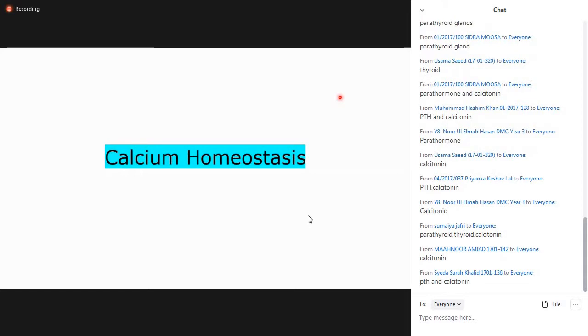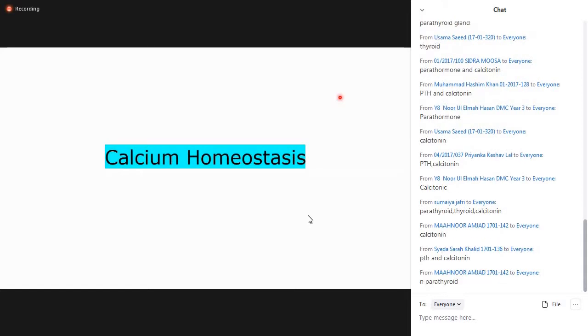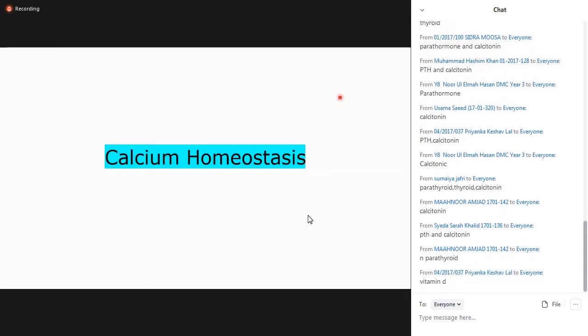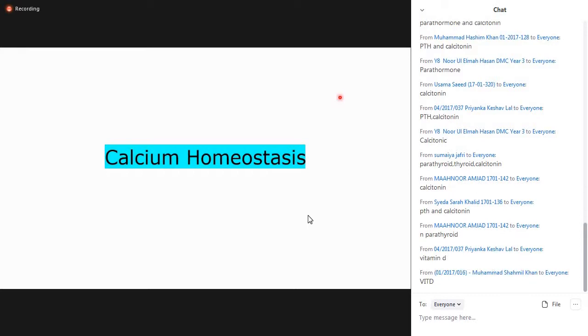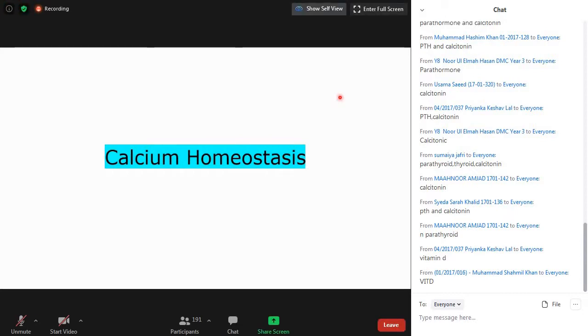So we have hormones. The third hormone, which can be considered as a hormone, is vitamin D, because it has a vitamin D receptor that can act on the nucleus and act similarly to a hormone.